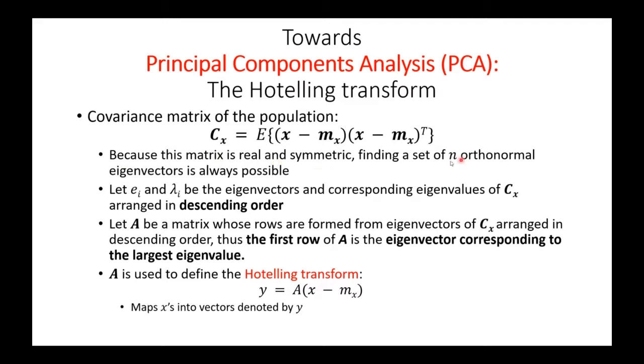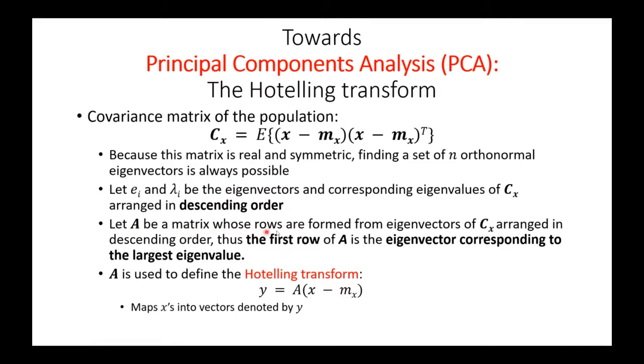Because this matrix is real and symmetric, finding a set of n orthonormal eigenvectors is always possible. There's a theorem about it. So let e_i and lambda_i be the eigenvectors and corresponding eigenvalues of this covariance matrix, and then we arrange them in descending order. So the first eigenvector is that with the largest eigenvalue, and so on.